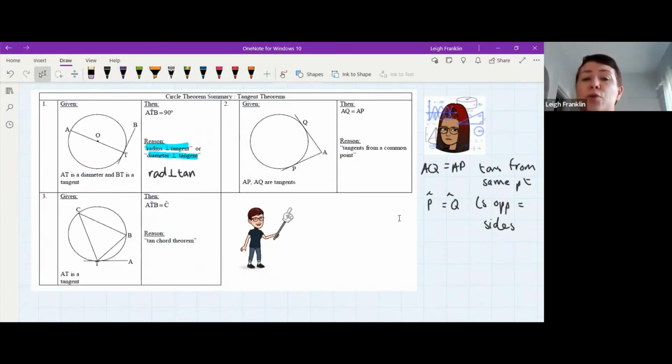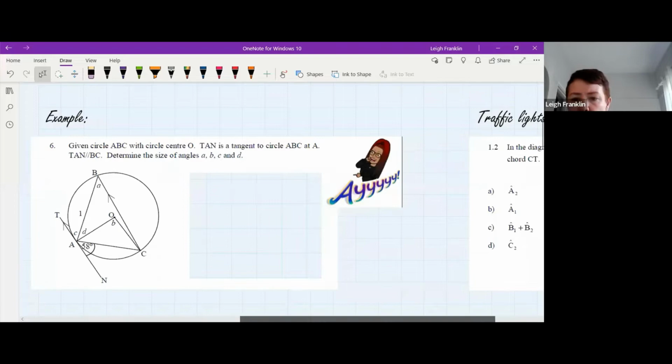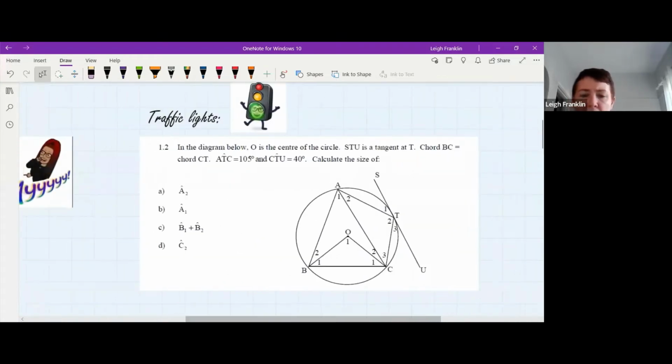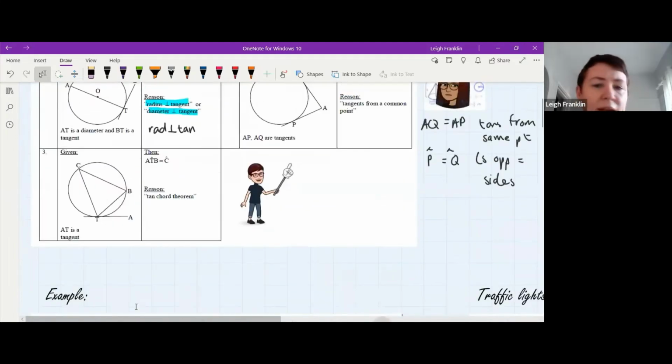There you might have to do a construction, but you will never construct in one of these diagrams. Everything is constructed for you. It's only when you're doing the proof of a theorem that you construct, and at no other time.